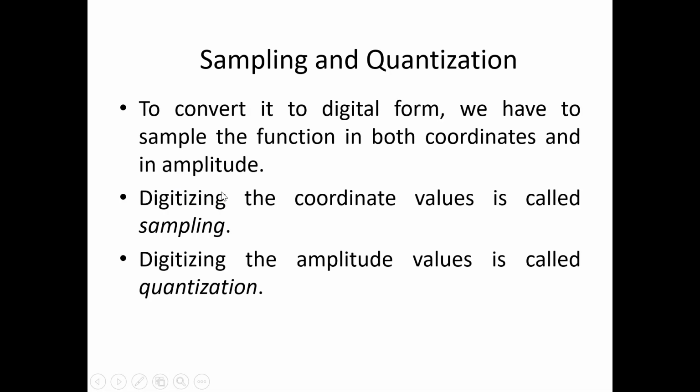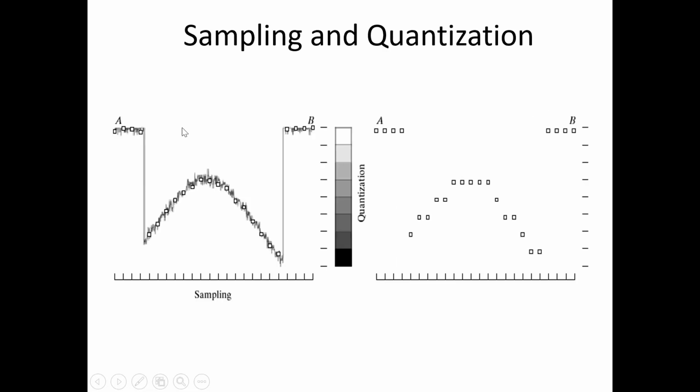Mainly, if we are talking about sampling and quantization, if we are able to find the digital, discrete values of the coordinates, then that process is called sampling. In this example, let's suppose signals are transmitted from a to b, represented in the x and y directions.